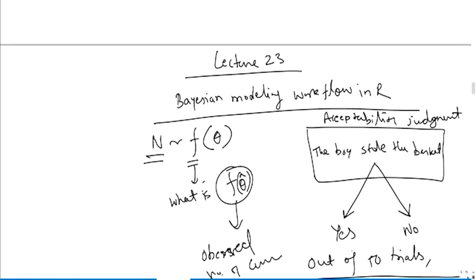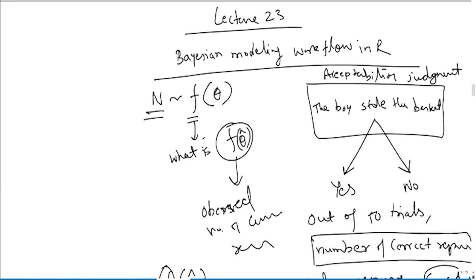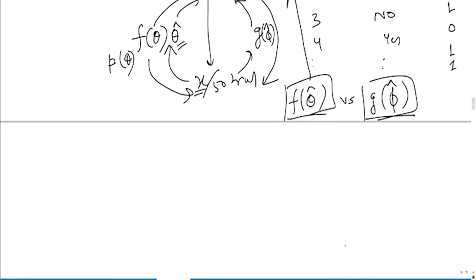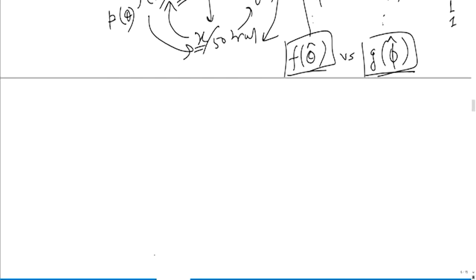So, what is the whole Bayesian modeling workflow in order to achieve this inference? In the Bayesian framework, what we do is this. Let us say n is the observed number of correct responses. We assume that the observed number of correct responses comes from some underlying generative process, and we need to make some reasonable assumption here.